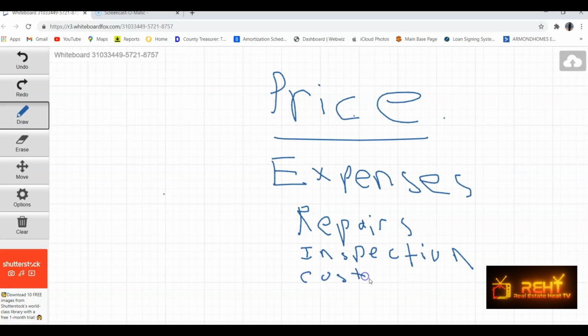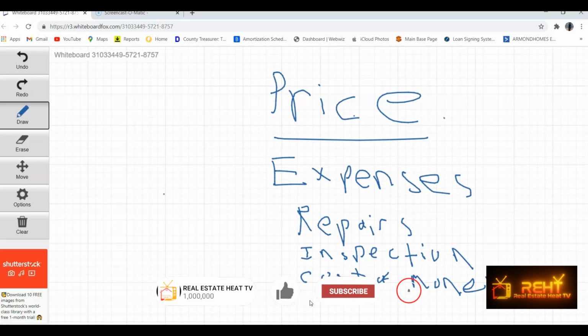And there are a few other expenses. I'll go over this in detail in my course, but you want to make sure you're capturing all your expenses. Then you also want to make sure you're capturing the profit that you want to make.